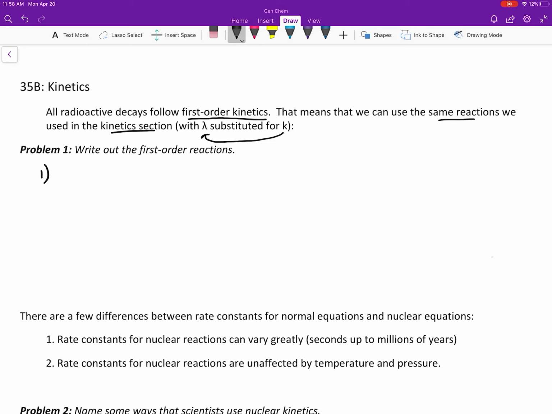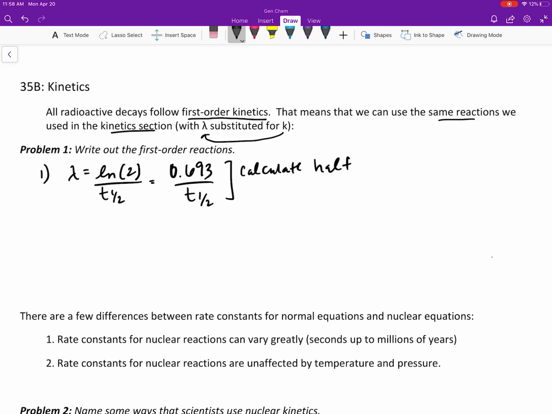Our two equations: k, which used to be the rate constant, is now going to be lambda. If we solve for the natural log of 2, that becomes 0.693. That's a constant, so this can be used to calculate the half-life if we know the rate of decay.